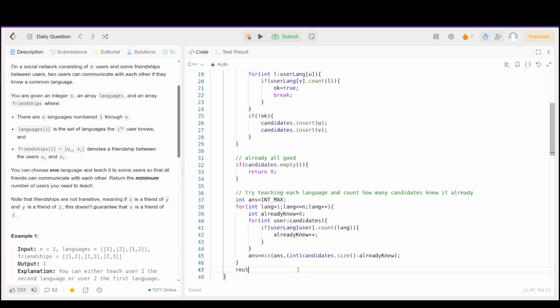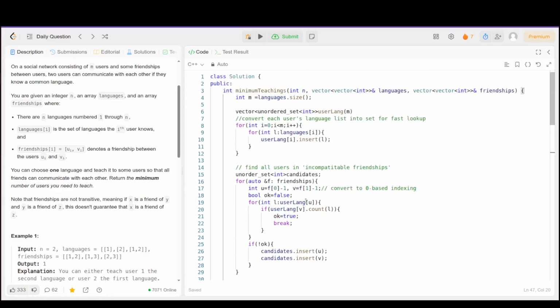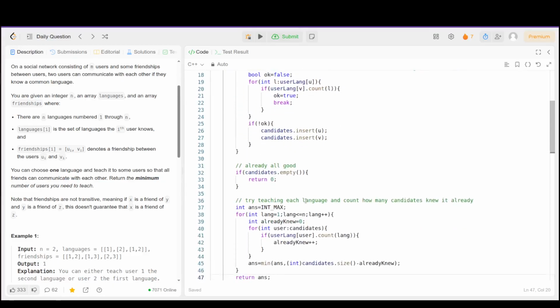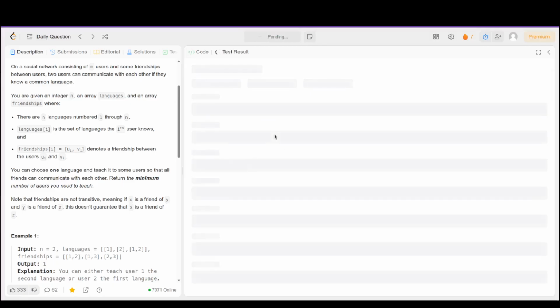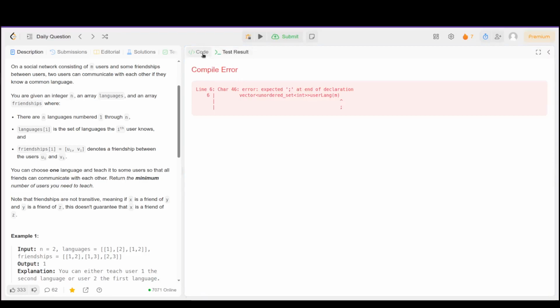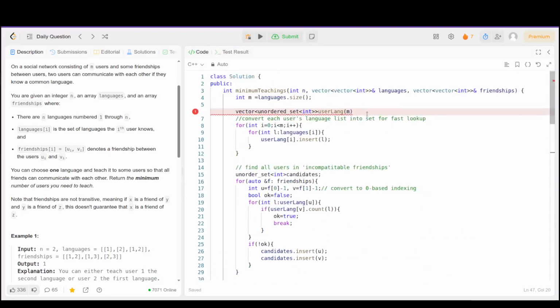Now return the answer. Yes. So now let's try to run the sample test case. Okay, there is a semicolon to add over here.